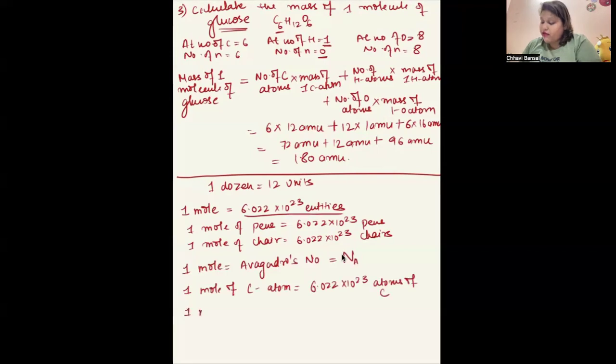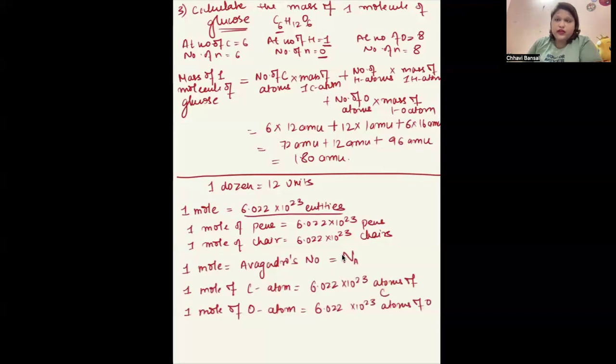Same way, if I say 1 mole of O atom, meaning oxygen atom, what will it mean? It will mean 6.022 into 10 raised to 23 atoms of oxygen, right? Now, if I say 1 mole of O2 molecule, here the trick is it is entities.